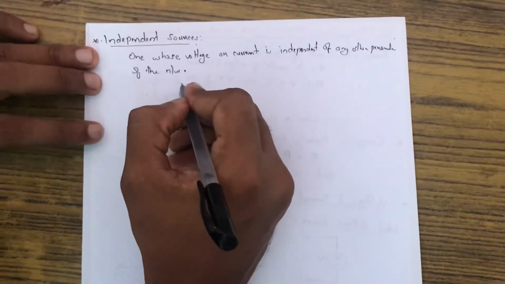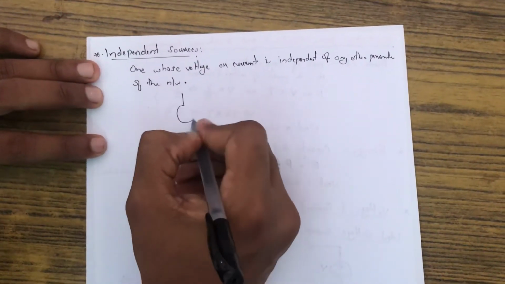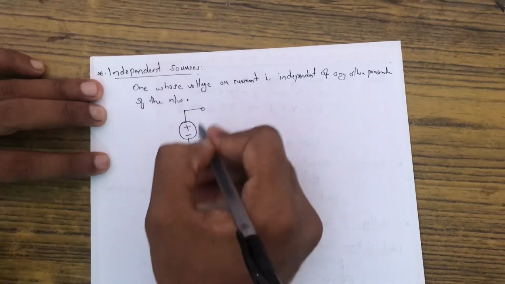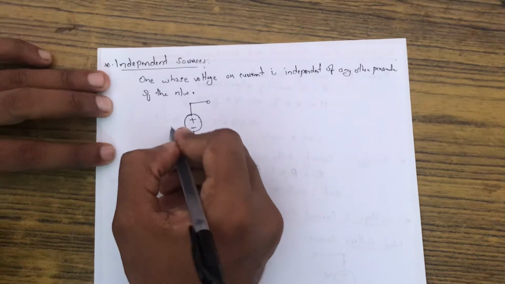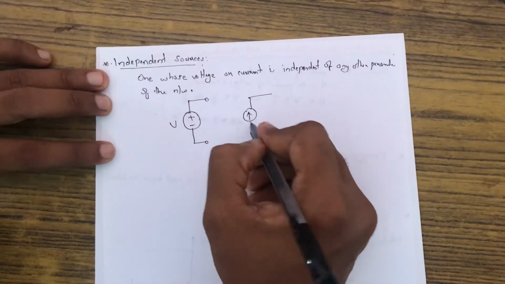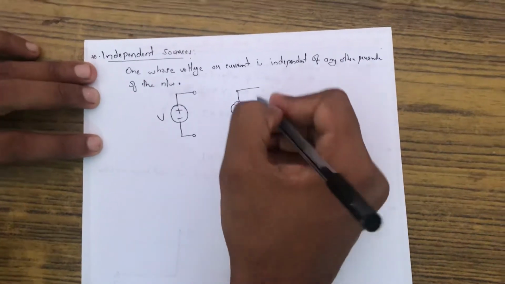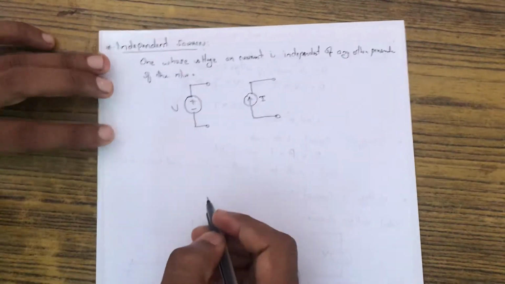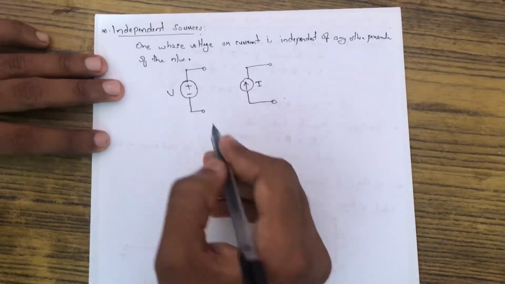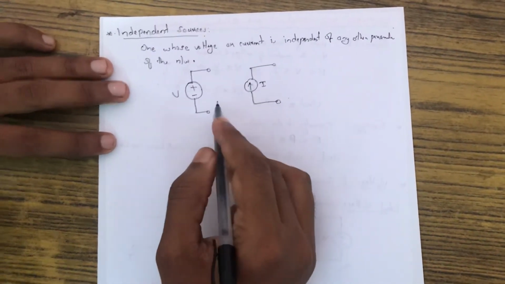The symbol for an independent voltage source is like this, and an independent current source we can represent like this. They are independent of any other elements of the network.